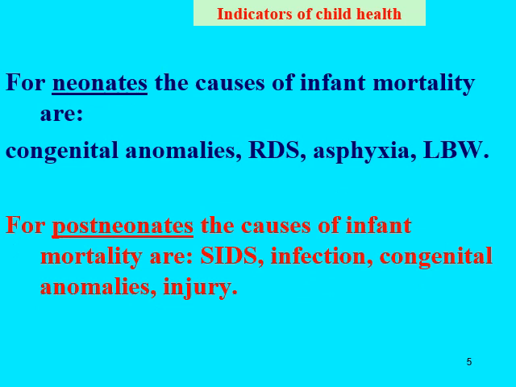For neonates, the causes internationally are congenital anomalies, respiratory distress syndrome, asphyxia, and low birth weight. These are the neonatal problems. For post-neonates, the causes of infant death are sudden infant death syndrome, SIDS, infections, congenital anomalies, and injuries.